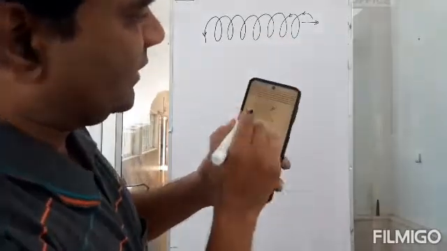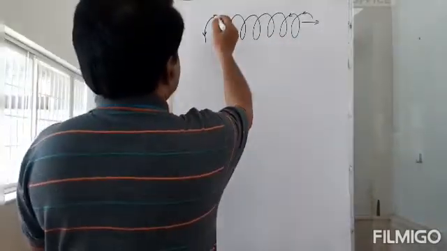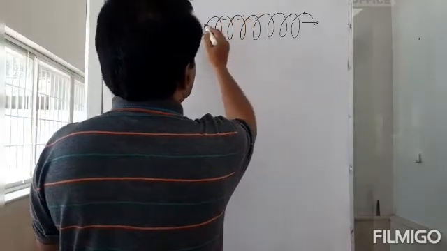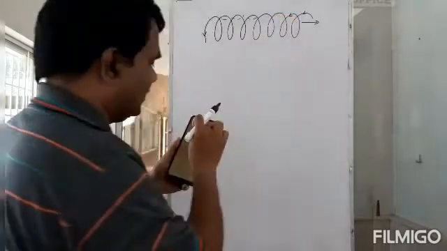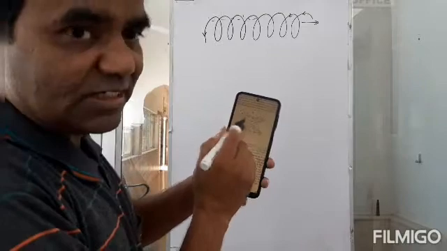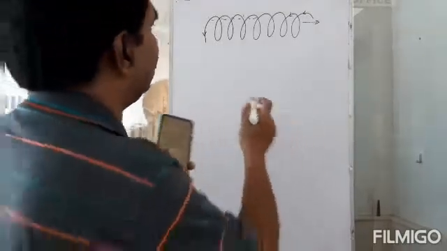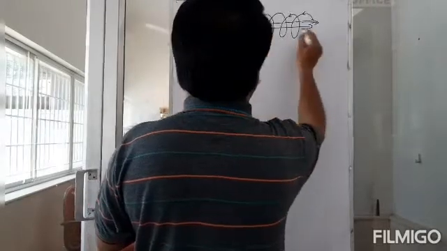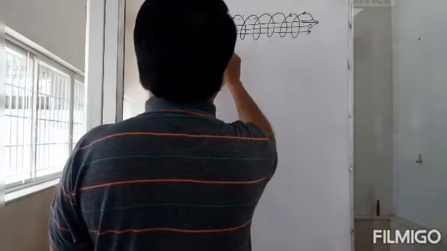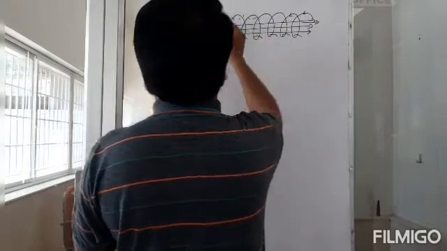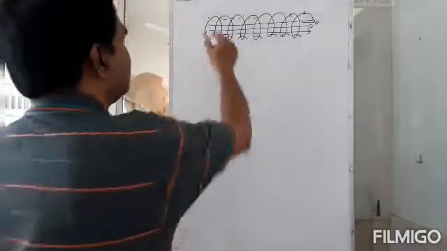There will be a magnetic field around this, and this, and this, and every point will have a magnetic field, and effectively you will have this kind of structure: straight lines in the center, and maybe something like this outside.